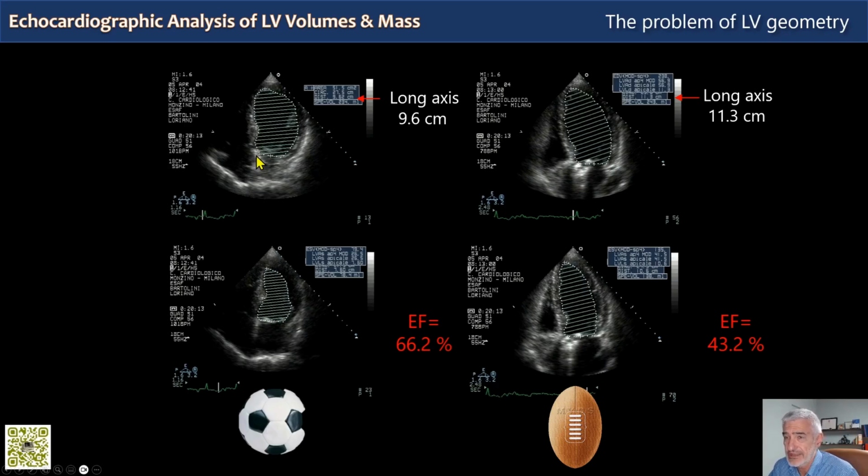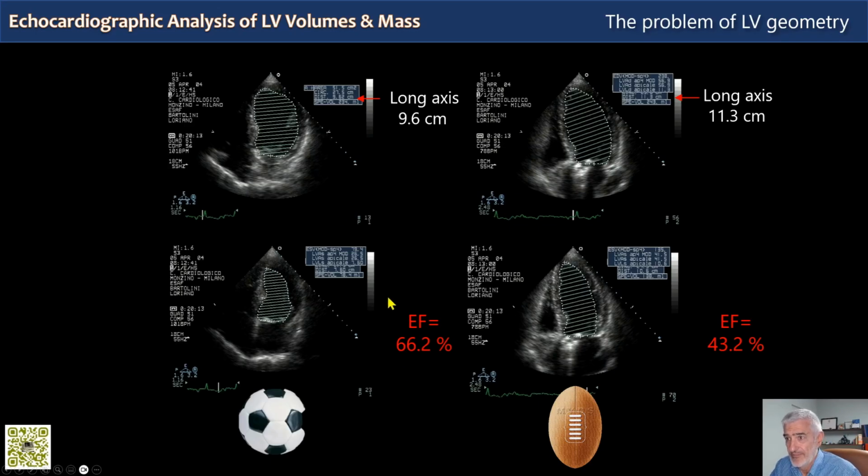So the incorrect position with foreshortening gave us a normal ejection fraction, whereas the correct geometry gave us a moderate reduction of left ventricular biplane volume. I was saying that this was a real-life case. In fact, the patient, after the surgery, was followed up for several years, always with the wrong geometry recorded.